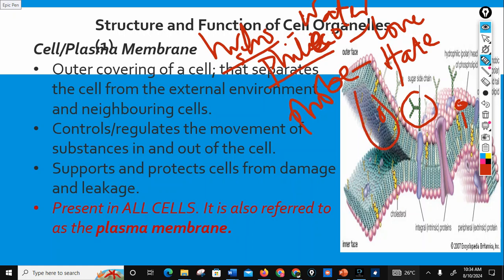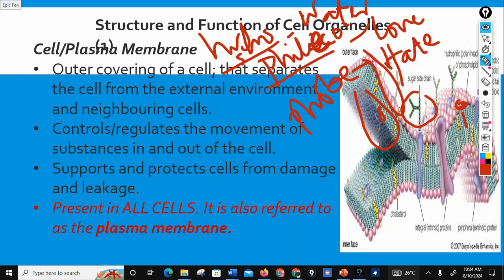So these tails hate water, and this head loves water, and that is why, because our internal environment is actually made up chiefly of water. Other molecules are suspended in those waters, as well as the cell. So the external environment of the cell containing water will require the cell to have a kind of surface that can interact and survive in that environment.